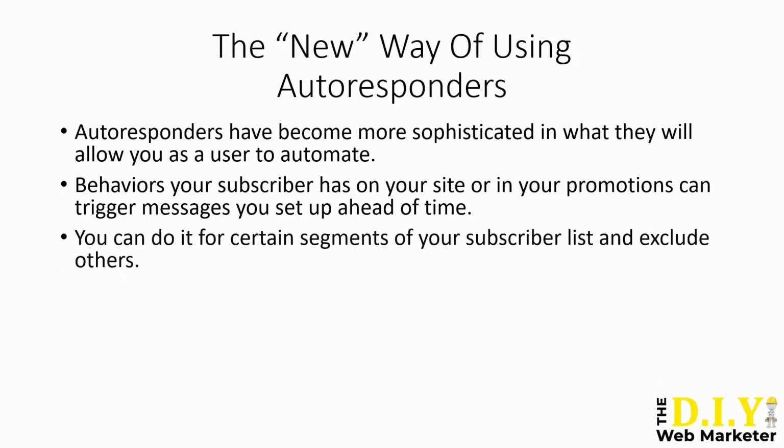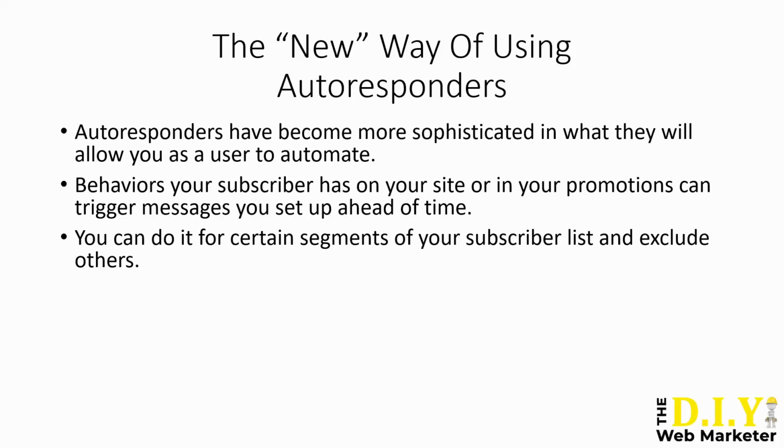You can also do this for certain segments of your subscriber list, and you can exclude other people. So in other words, you can send out a message that you only want to go to certain people, and at the same time, you can make sure that you exclude the people that maybe you want to make sure don't see that very same message.